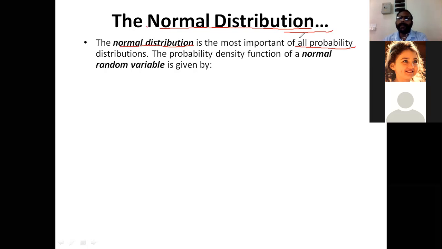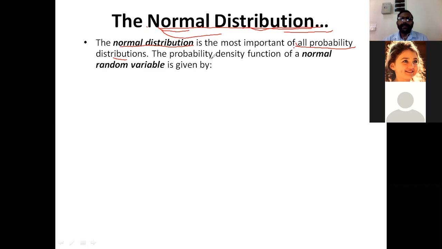Among all the probability distributions, the most important is the normal distribution because most of the statistical tools, statistical procedures or statistical analysis are based on this normal distribution, right? Therefore, the most important distribution is the normal probability distribution.